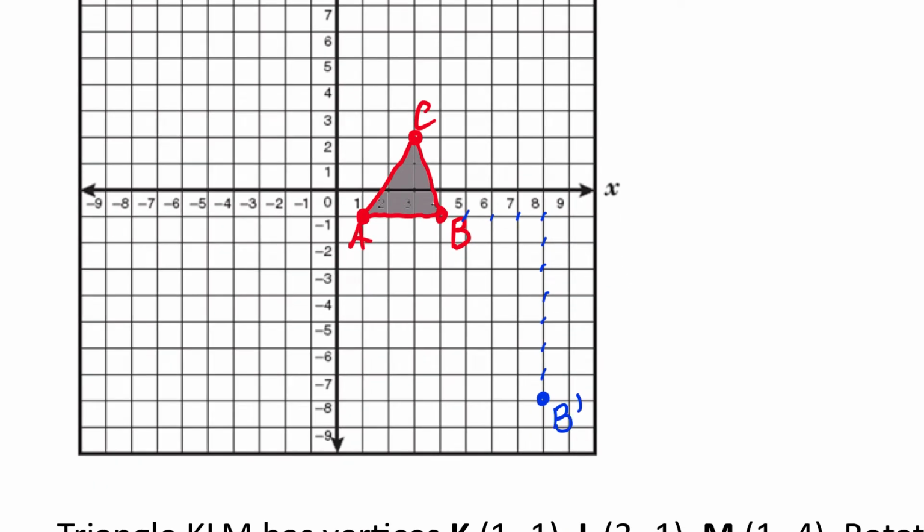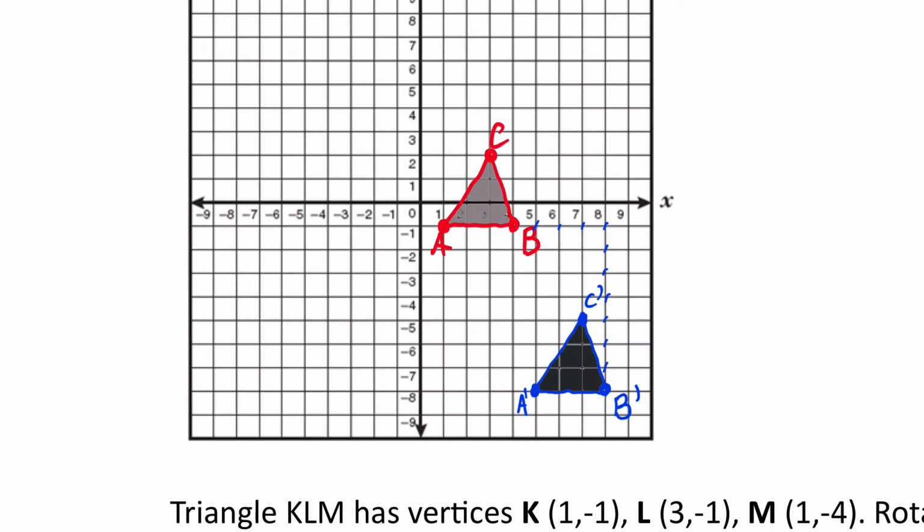Now, this is going to be B prime. 1, 2, 3 is going to be A prime. And then 1, 2, 3 is going to be C prime. And it's going to look like that.